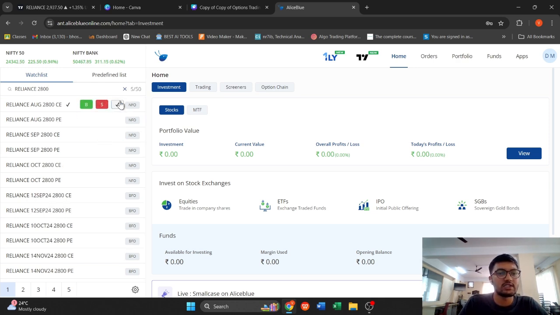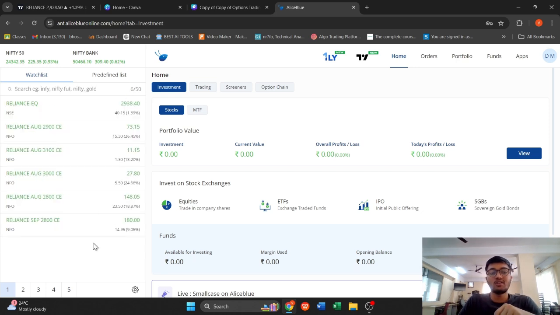This is the same for the September contract; it will also be in the money. It won't depend on the expiry of the contract, it will only depend on the strike price. So 2,800, be it August, be it September.